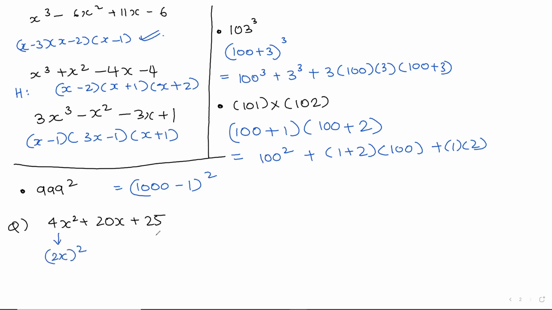And when we multiply both with 2, we get 20x. Yeah, that's right. 2x into 5. Okay, so we're gonna have 2x plus 5 whole square, right? Yes, ma'am.